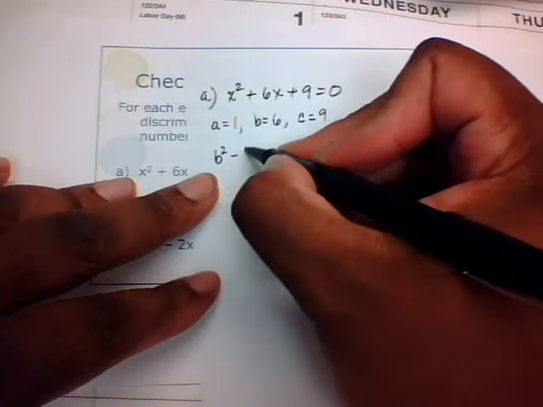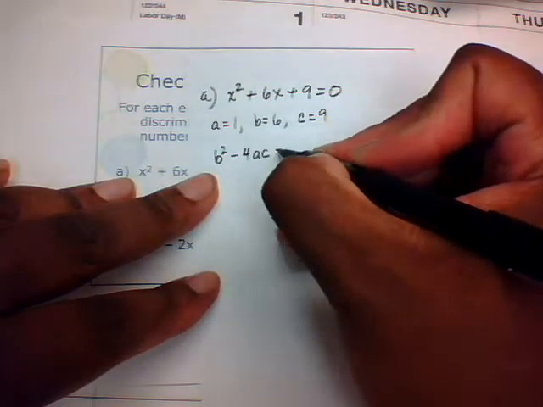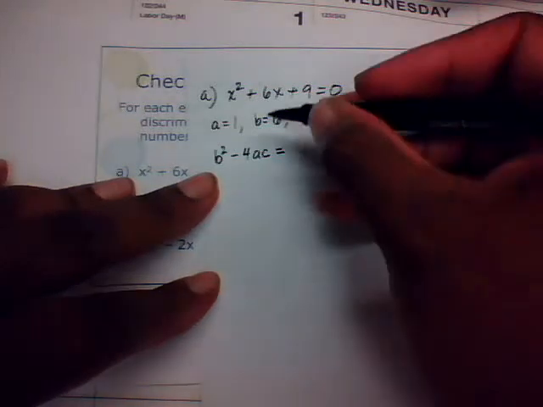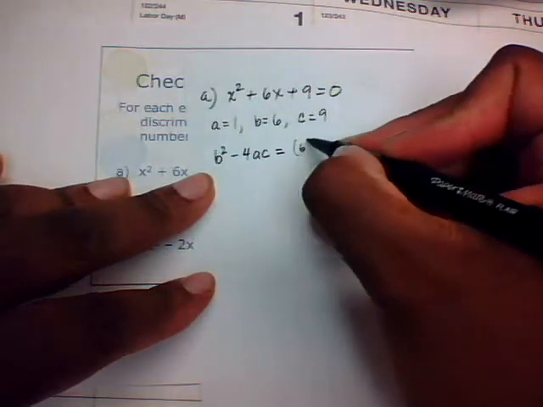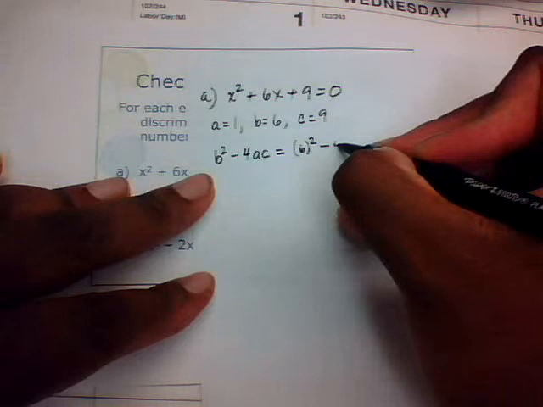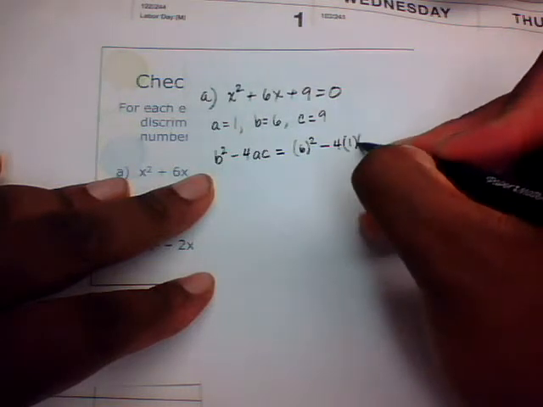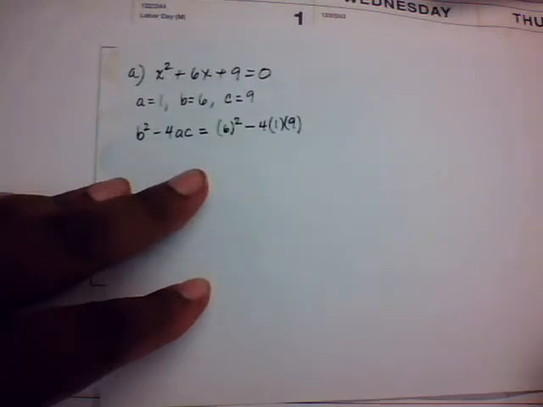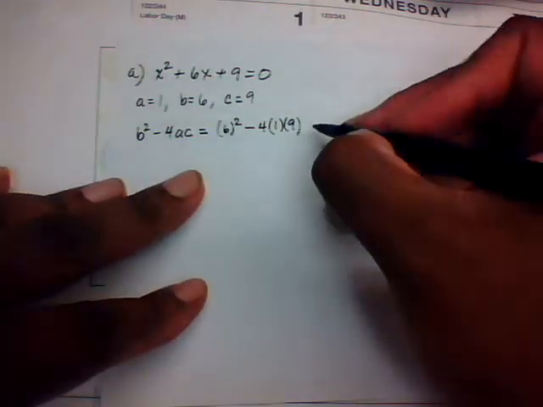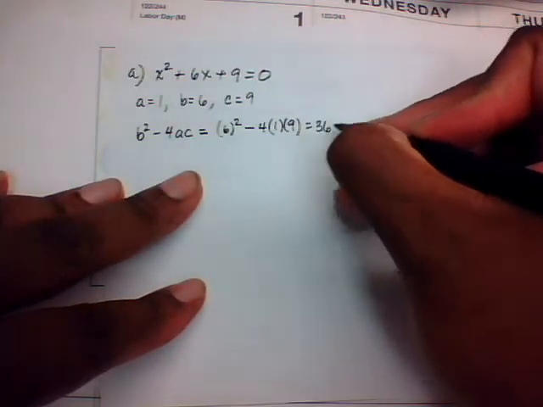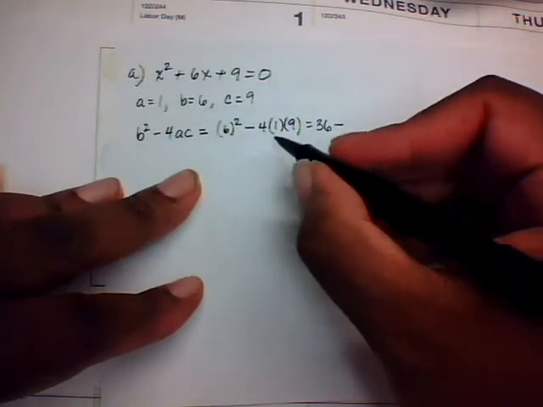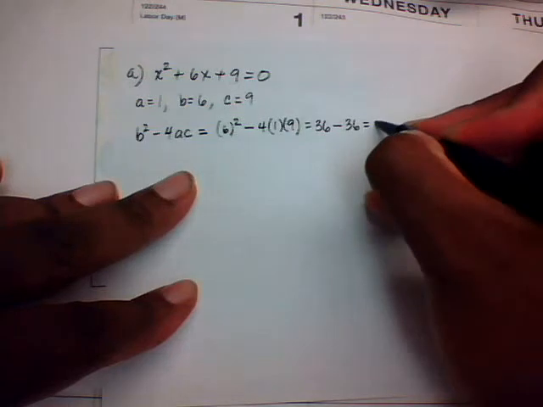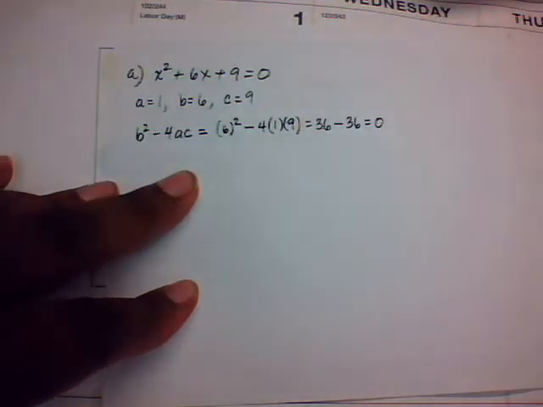So the discriminant we're using is b squared minus 4ac, which means b is 6, so we're going to have 6 squared minus 4 times a, which is 1, times c, which is 9. If you simplify this, 6 squared, or 6 times 6, is 36, minus 4 times 1 times 9, that's 36. So 36 minus 36 is 0.